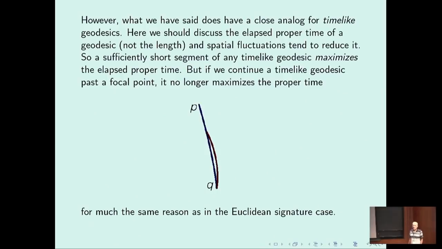So the statement that rounding increases the proper time is literally, if you like, the twin paradox at work. So a time-like geodesic that continues past the focal points doesn't maximize the proper time for the same reason that in Euclidean signature, a geodesic that goes past the focal point does not minimize the length.